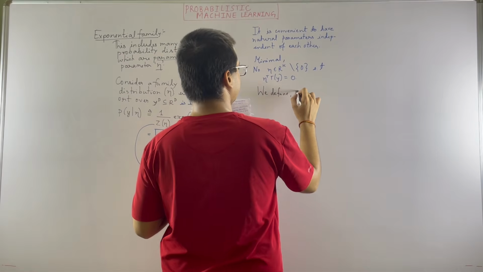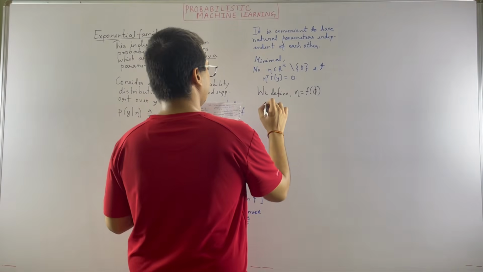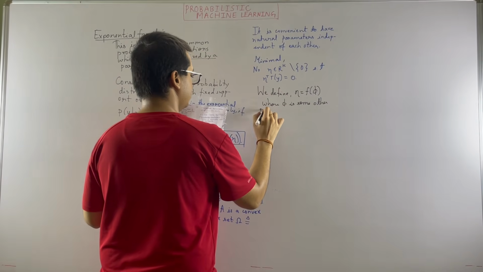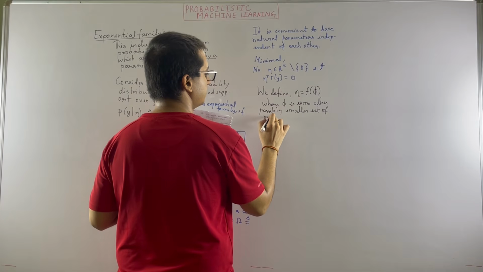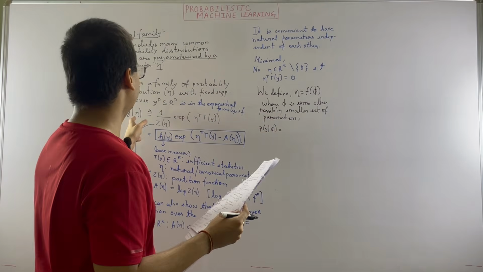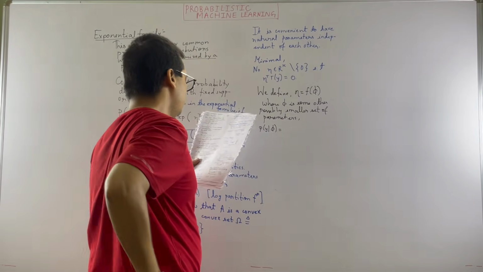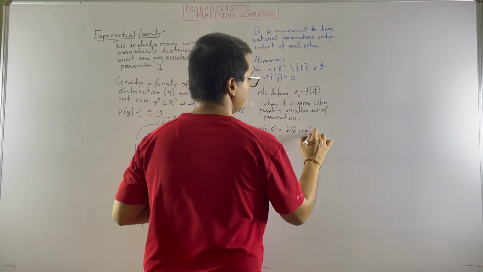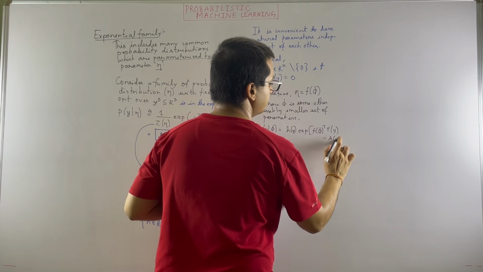If we define this eta as some function of phi, where phi is some other, possibly smaller, set of parameters, then this function p of y given phi, because eta is now a function of phi, becomes h of y, the scaling constant, times exponential of f of phi transpose times the sufficient statistics T of y, minus a of eta, and eta is again f of phi.